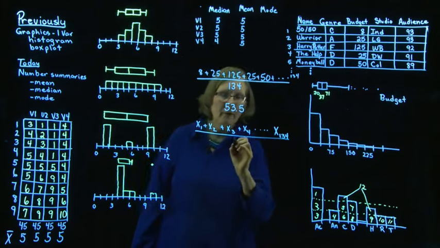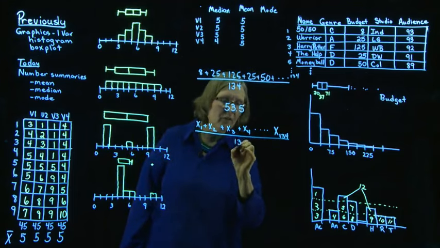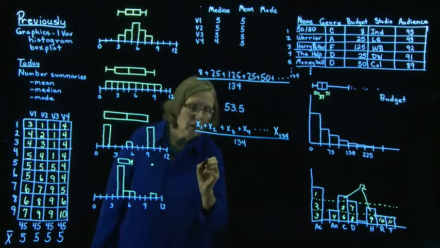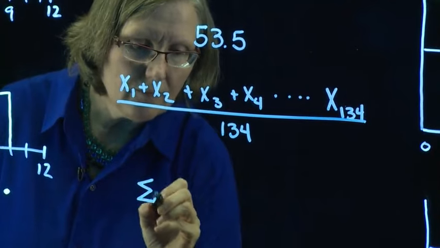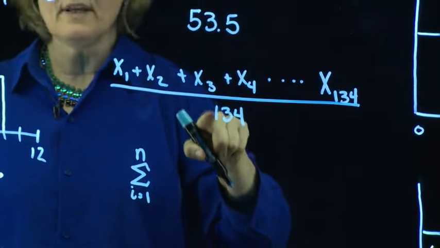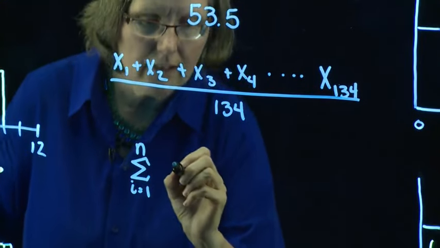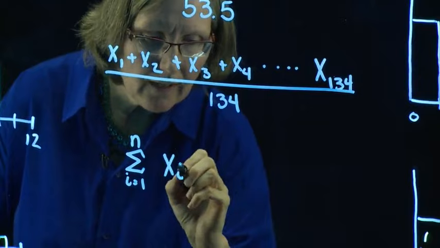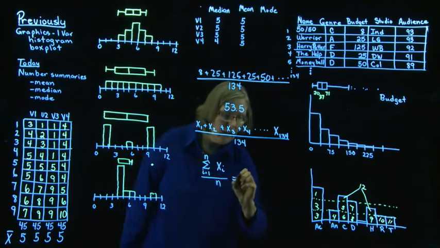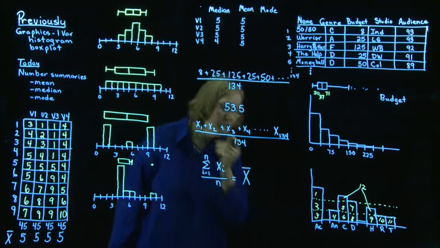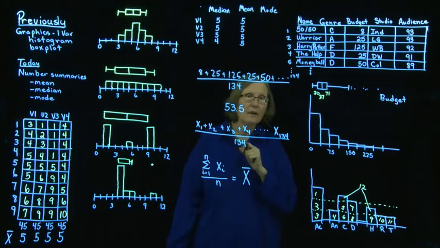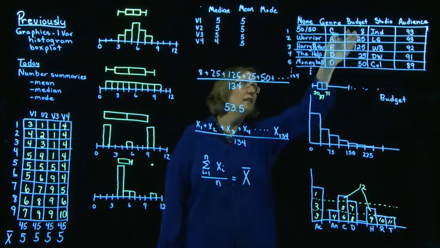And then I would divide by 134. To take it even a bit more generically, we often write it as the summation from i equals 1 to n, where n represents the number of observations in the data set, of x sub i, divided by the number of observations. We indicate the mean of our sample by a capital X with a bar. And that's how we calculate the mean of a variable.